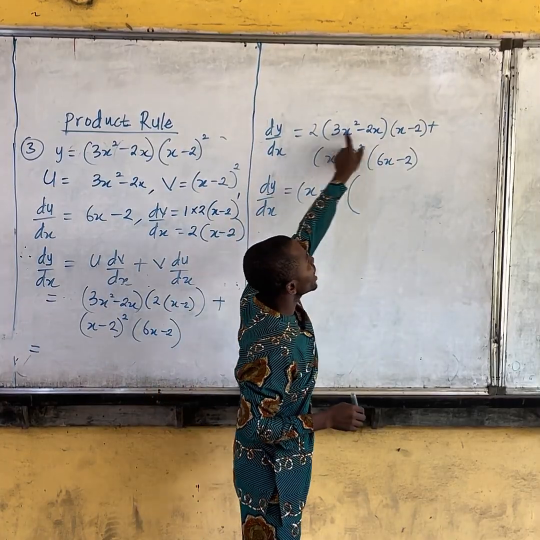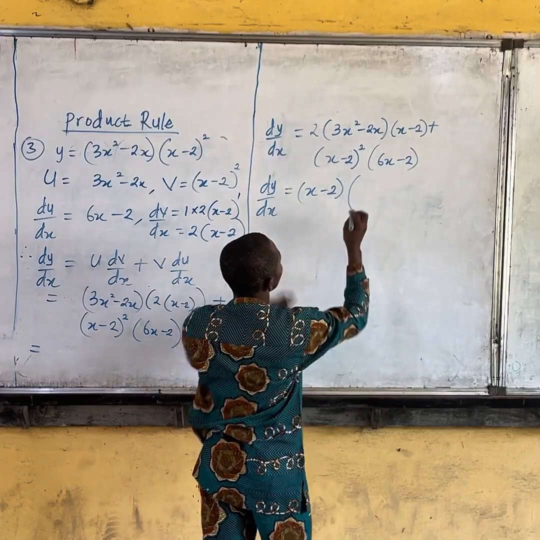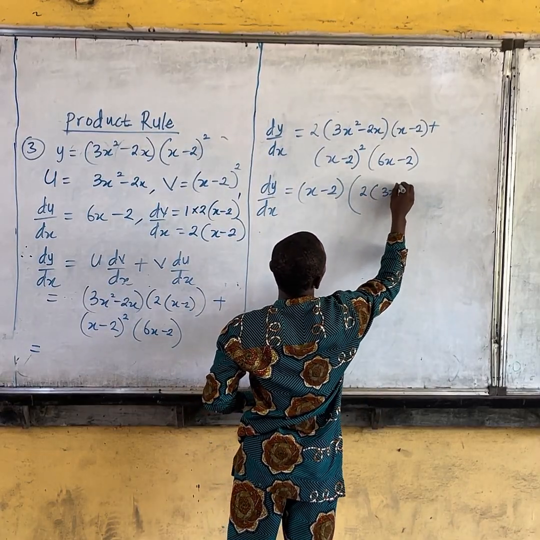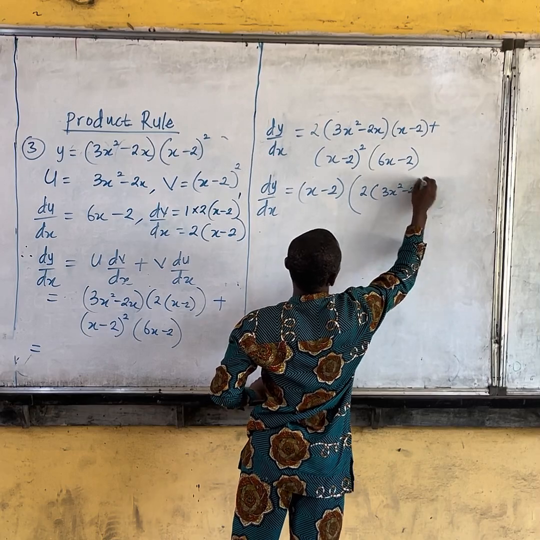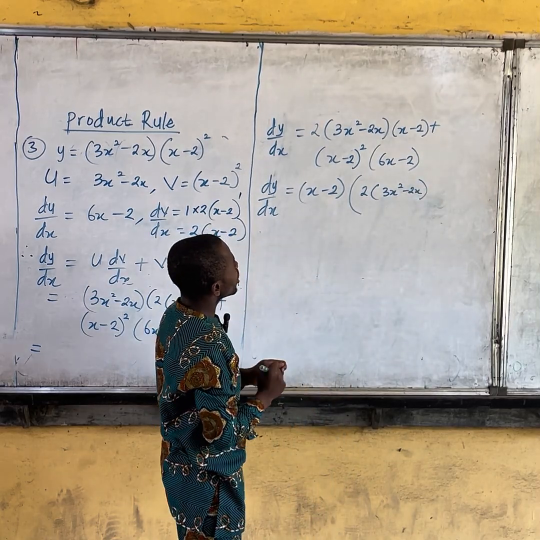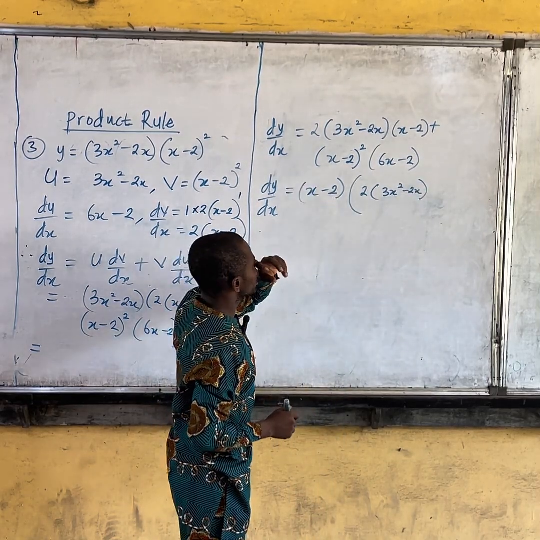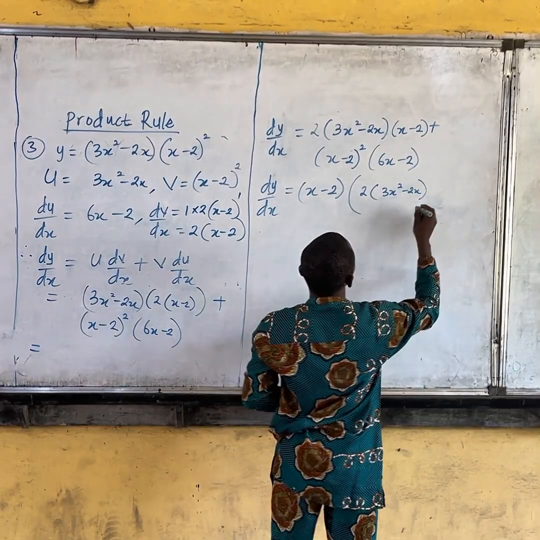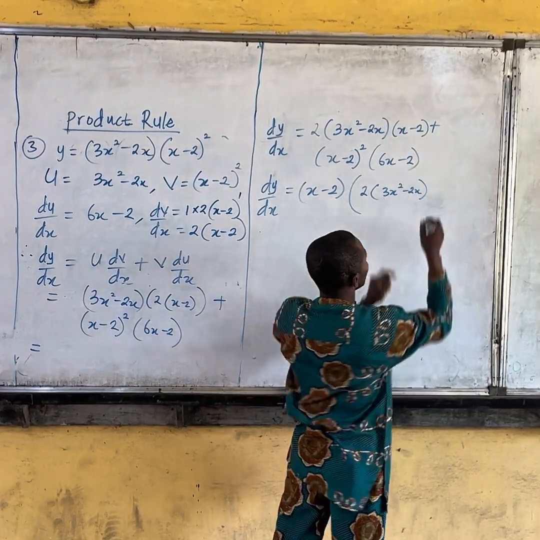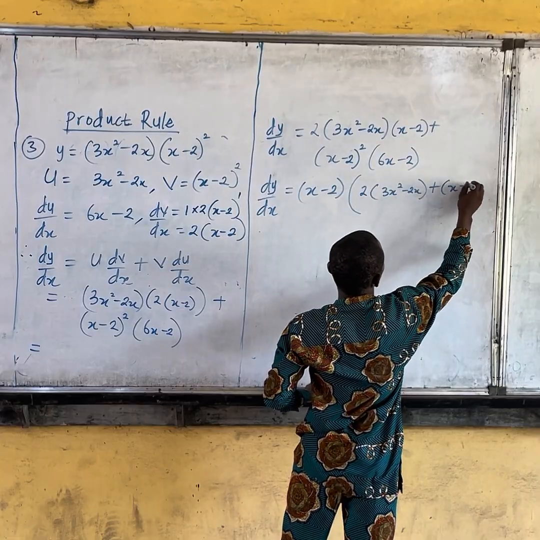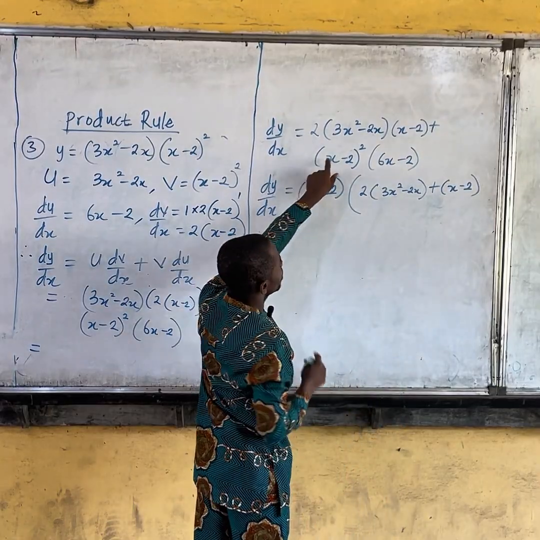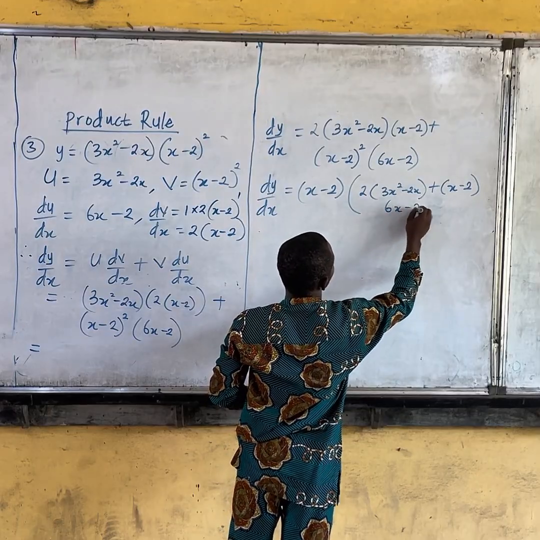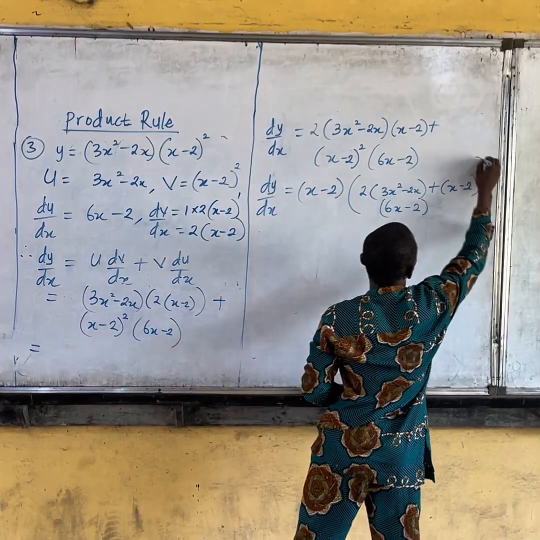If I factorize x minus 2 out here, it will give me 2 bracket 3x squared minus 2x, close it. Now, if I factorize x minus 2 out here, it will remain x minus 2 in one place. Don't forget there is plus here. Plus x minus 2 in one place, and 6x minus 2. As we can see, everything closed.